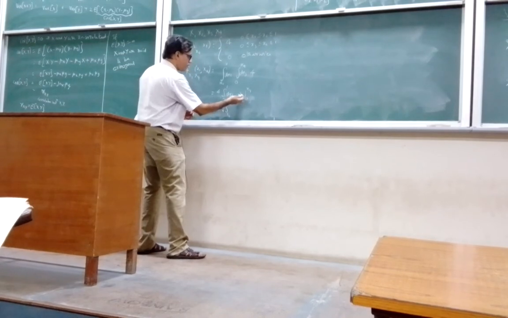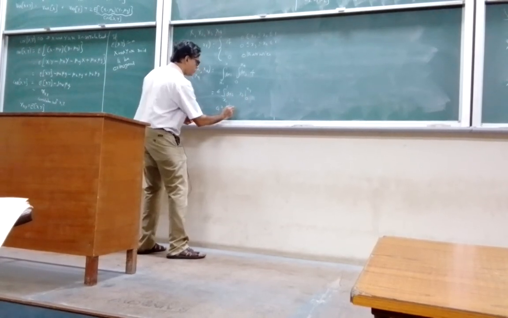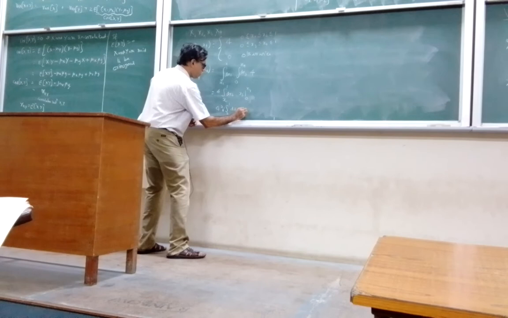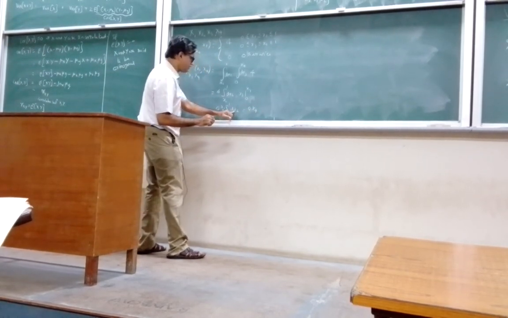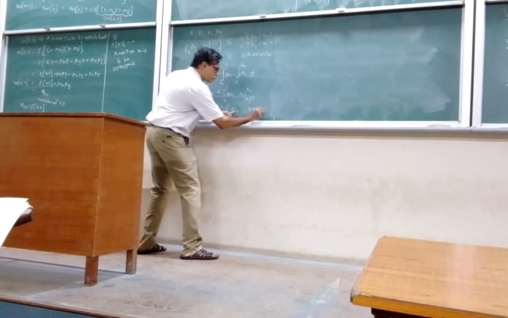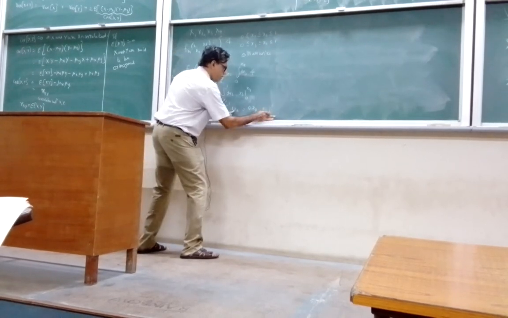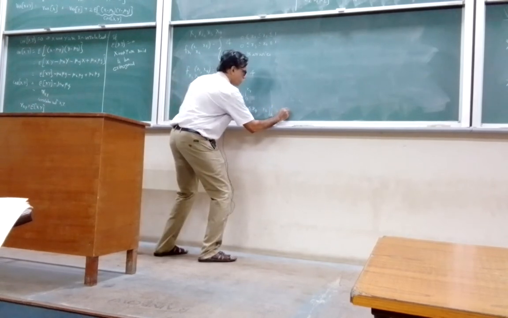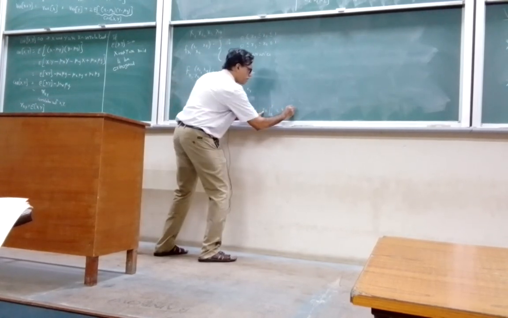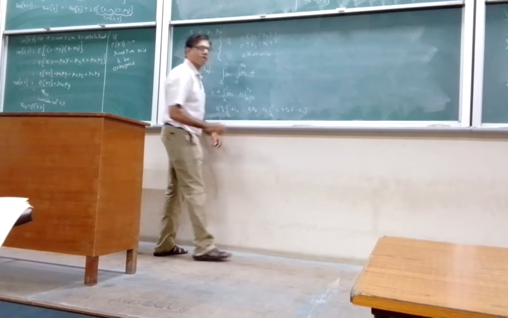That x4 is independent of this one, so you can take it out into dx2. If you substitute 1 and x1 here, you will have x2 into 1 minus x2.